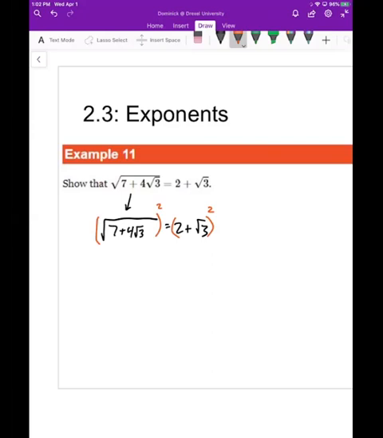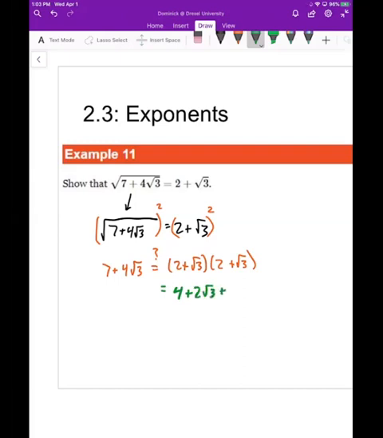Now it just becomes equivalent to show that if I have 7 plus 4 square root of 3, that's what I'm going to get if I square 2 plus square root of 3. Okay, but what happens if I square this out? 2 times 2 is 4. 2 times square root of 3 is 2 square root of 3.